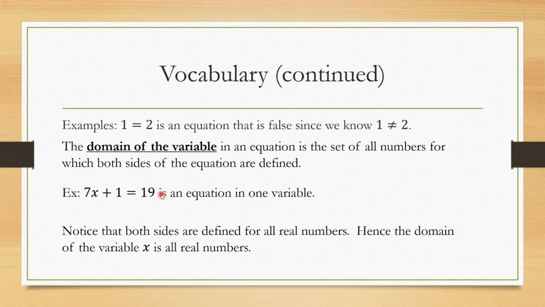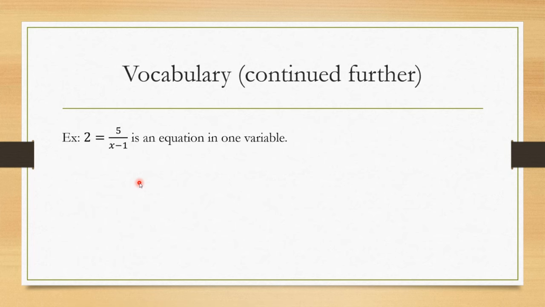Okay, well, the domain of the variable sounds like it doesn't tell us much, but what about this equation? Here, 2 is defined no matter what x is. There's no restriction on x. However, here there is. We know you cannot divide by 0.